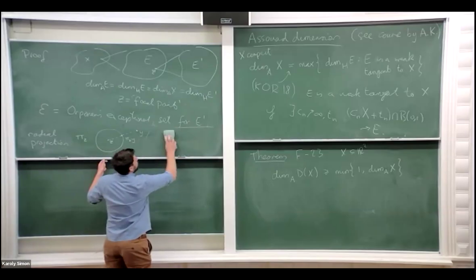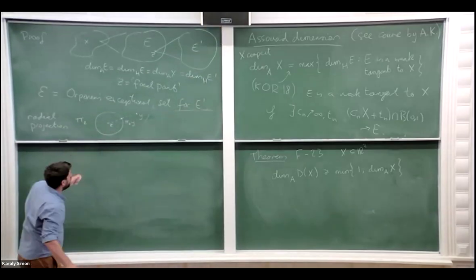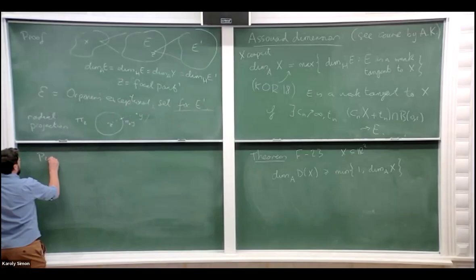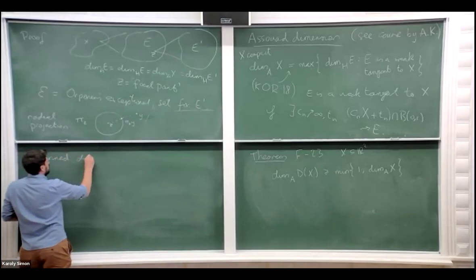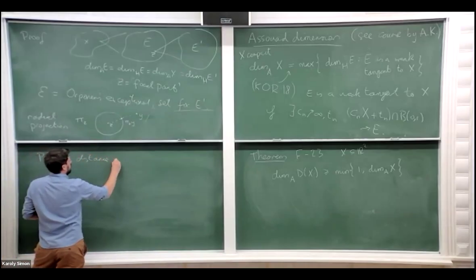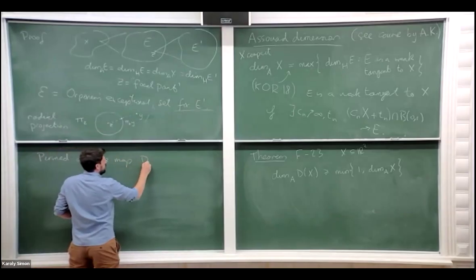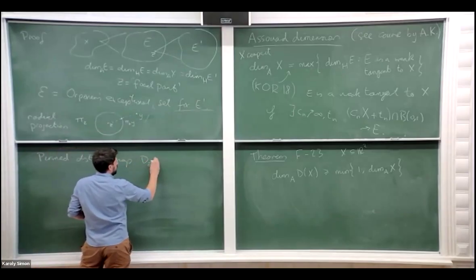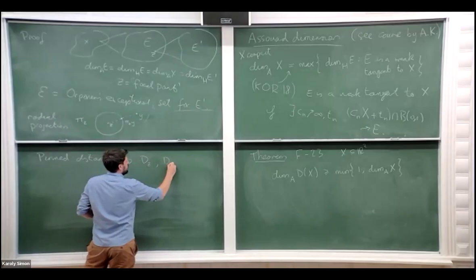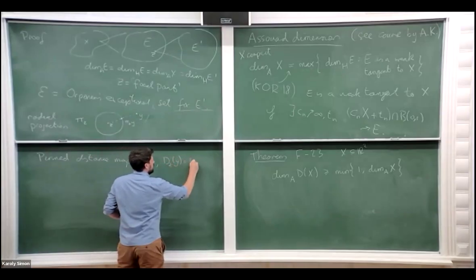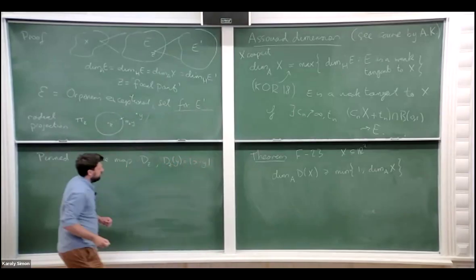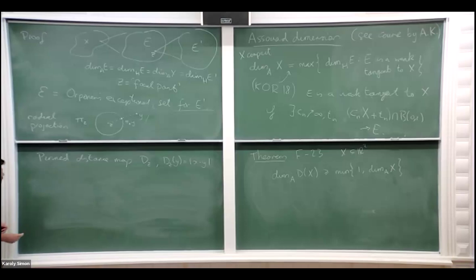The pin distance map D_Z just sends points Y to the distance between Z and Y. This is also a nonlinear projection for the following reason.